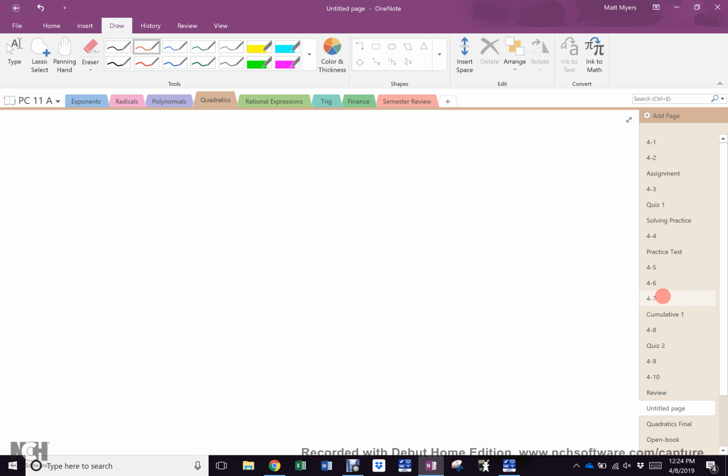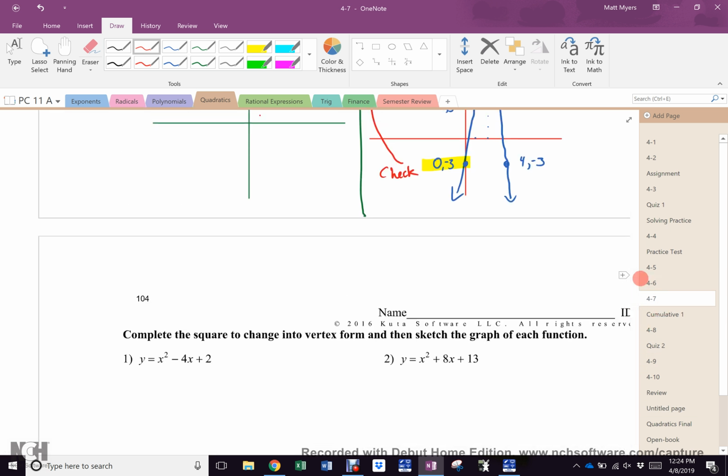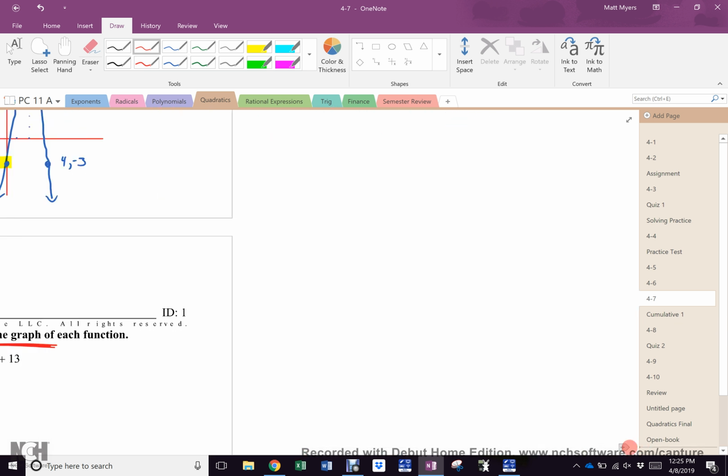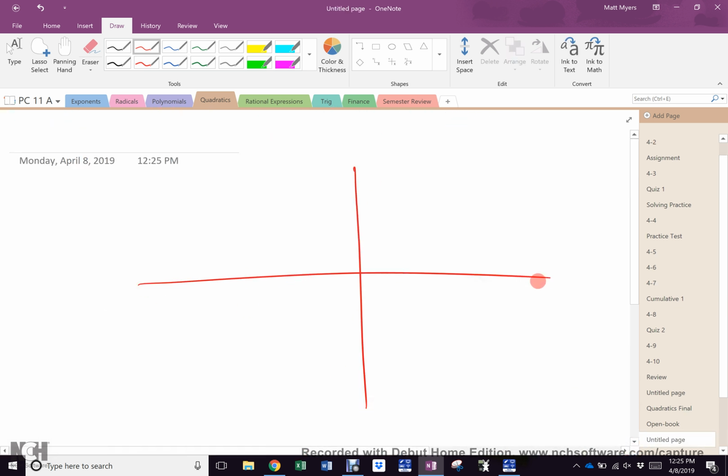Wait. Sketch the graph of each function. Listen, please. When I give you a test on this, and I say sketch the graph of the function, at least half of you are going to find the vertex properly, and then just do that and tell me it's sketched.